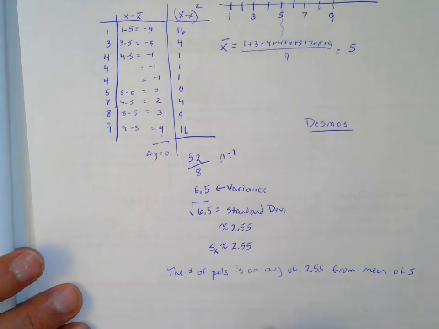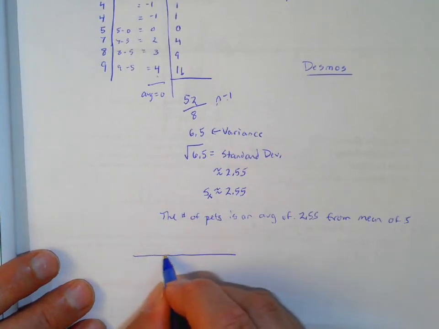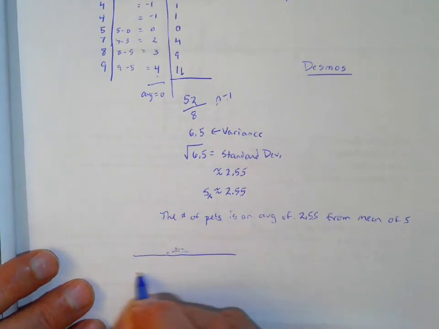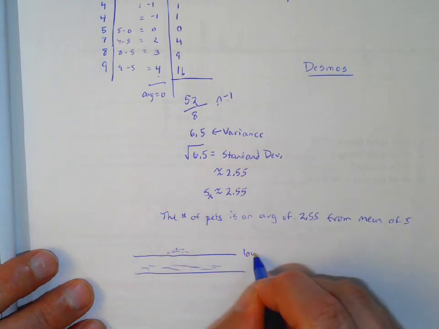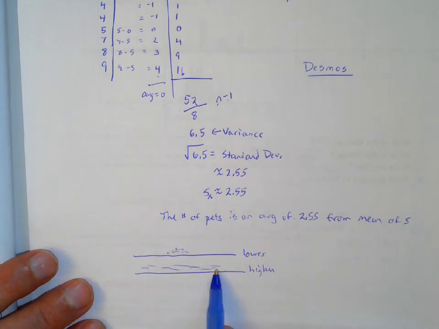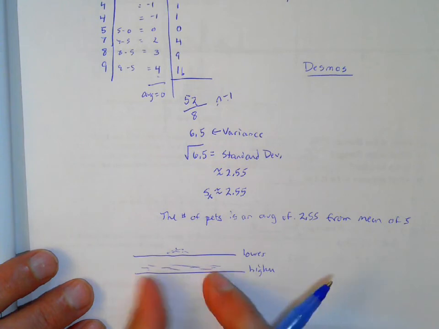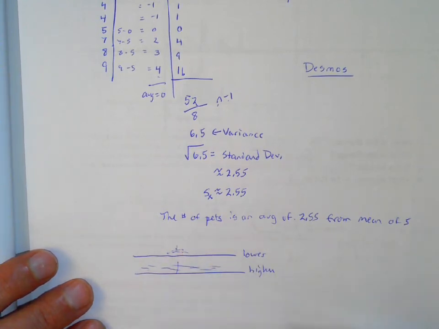That tells us how spread out the data is. If I have data that looks like this versus data that looks like this, this would have a lower standard deviation and this would have a higher standard deviation because it's more spread out. The numbers are farther away from the mean here than they are there.